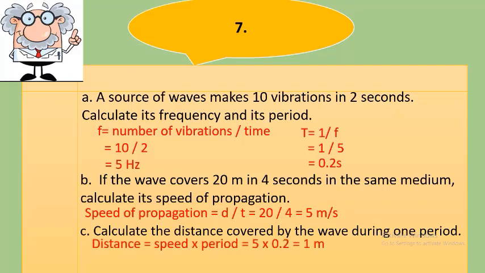So here, distance equals speed times the period, which is the time, equal to 5 times 0.2, which is equal to 1 meter. Note that this is the wavelength.